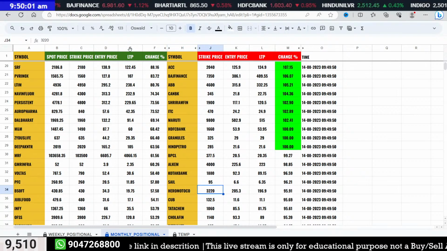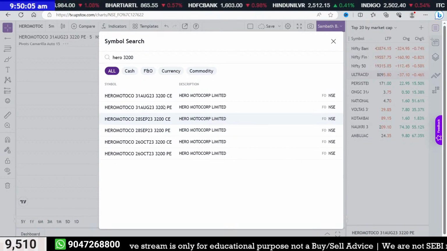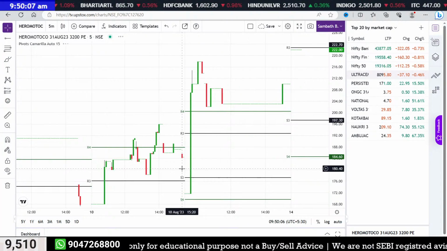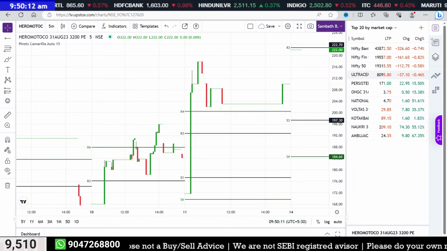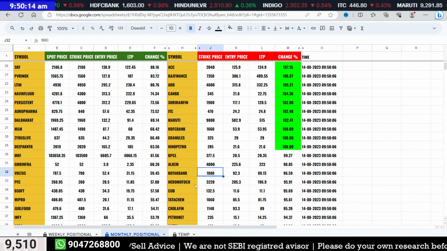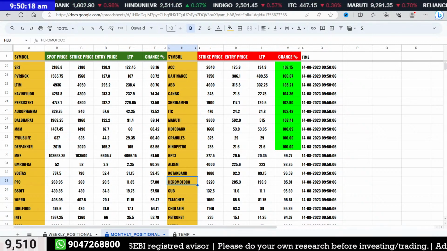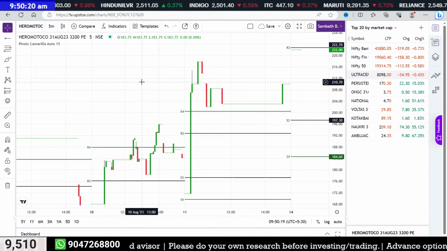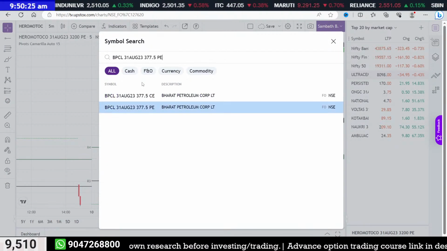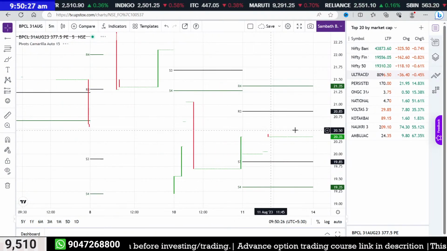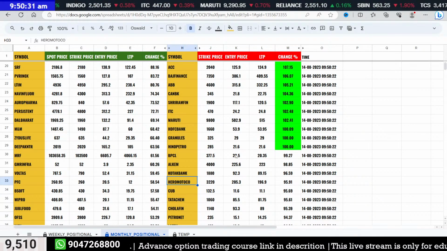Hero MotoCorp 3220 or maybe 3200. That may also be a liquidity issue. Okay, that's right. BPCL 377.5. That's also a lot of stocks having a liquidity issue.